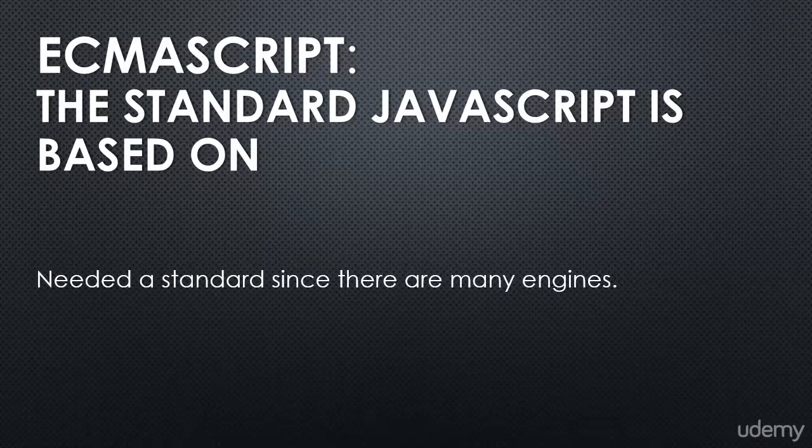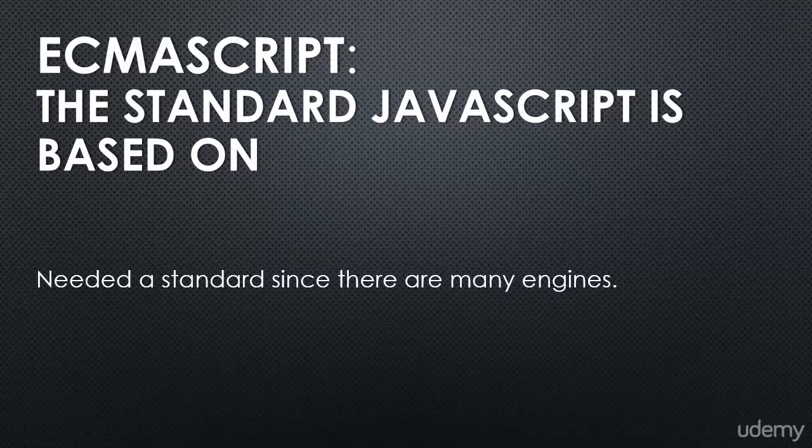And ECMA is an organization that basically is a standards organization. It says, hey, let's try and say exactly how something should work. And so ECMAScript is the name for the core standard that JavaScript itself bases itself on.